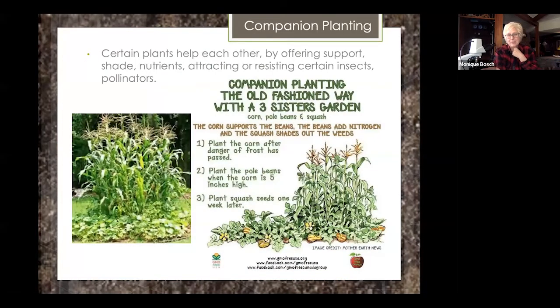And again, you might have heard of the Native American Three Sisters garden, where every plant helps the other. The corn grows and the pole beans use the corn as a trellis. The squash around the bottom will protect the roots and cover the soil. So they all work together.